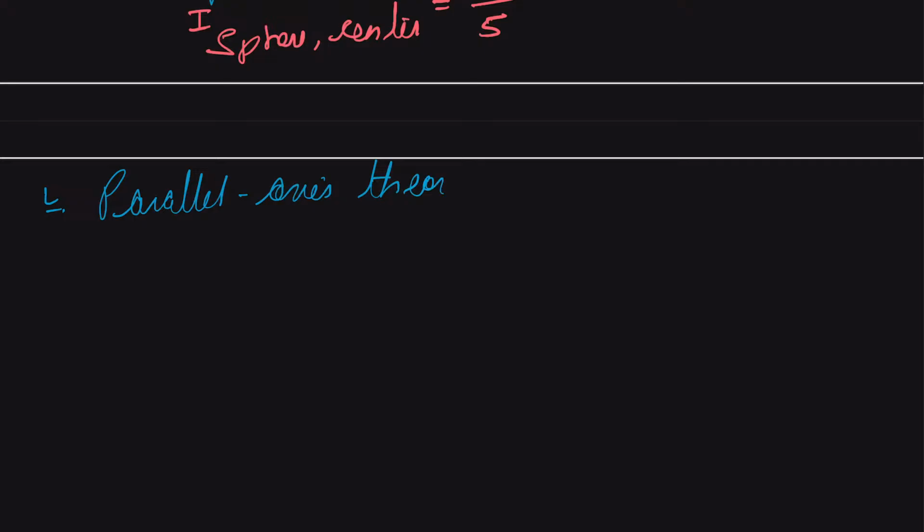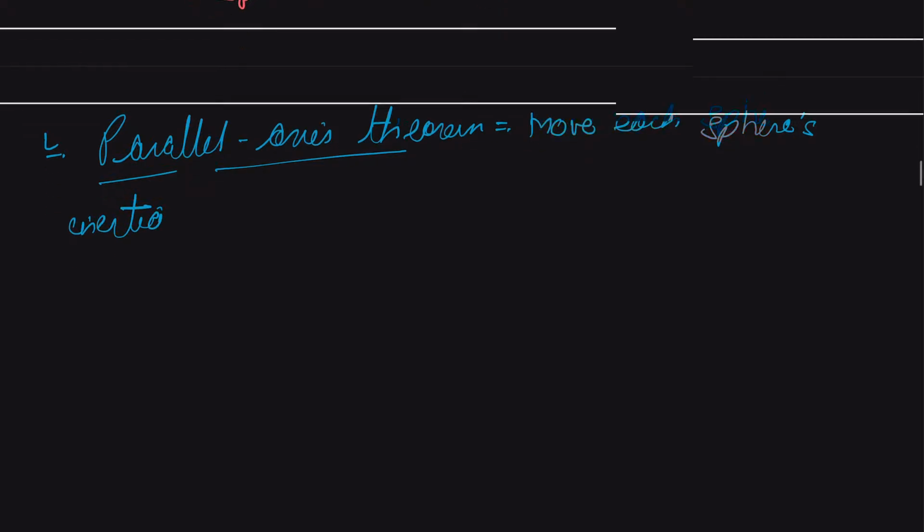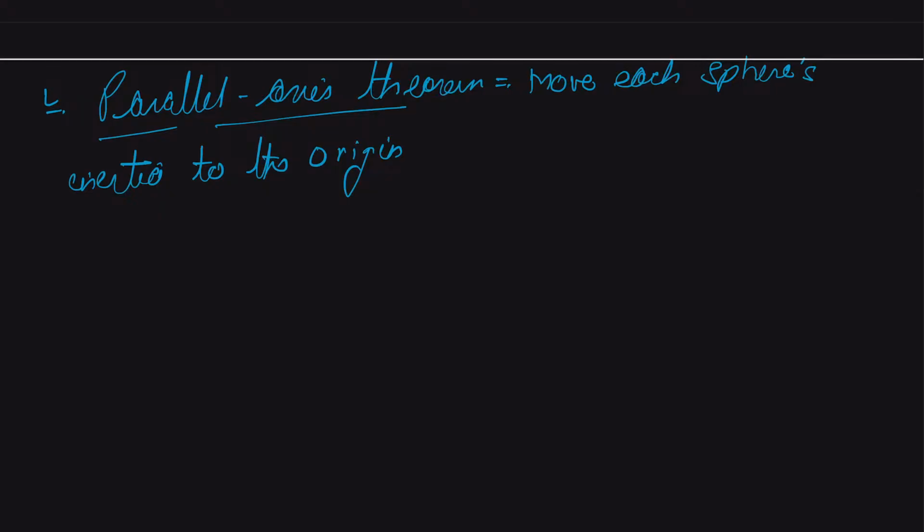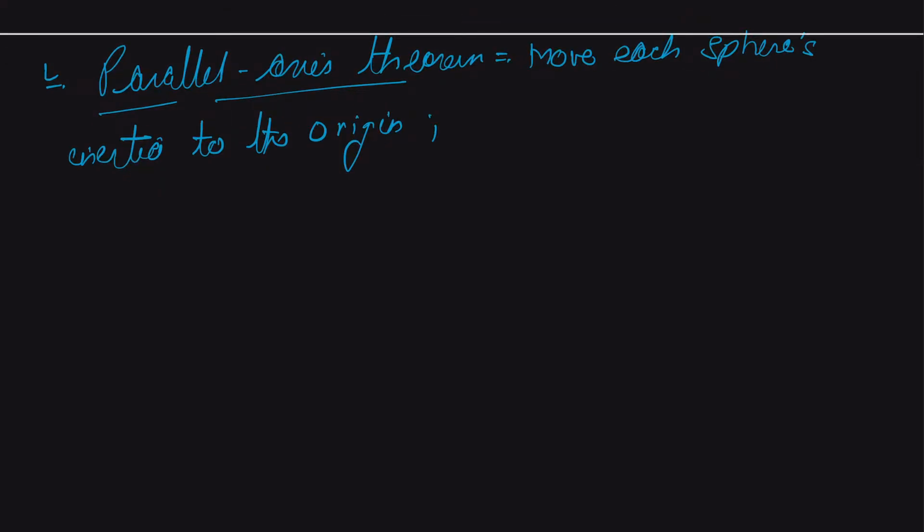For that we move each sphere's inertia to the origin, and we know that the sphere's center is at distance d, and the sphere center is given as 0, 0, plus minus L, and this is nothing but our d.